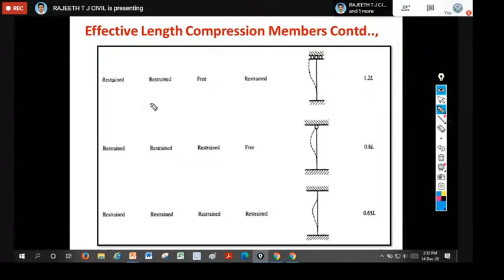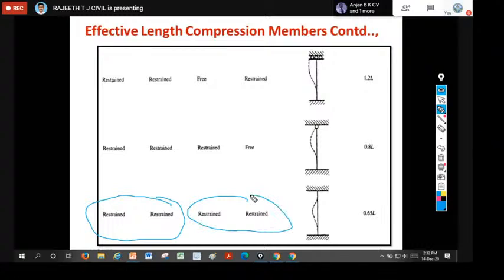If you go to the last one, the translation is restricted and the rotation is also restricted at both ends. Since that is so, we should take the corresponding values.